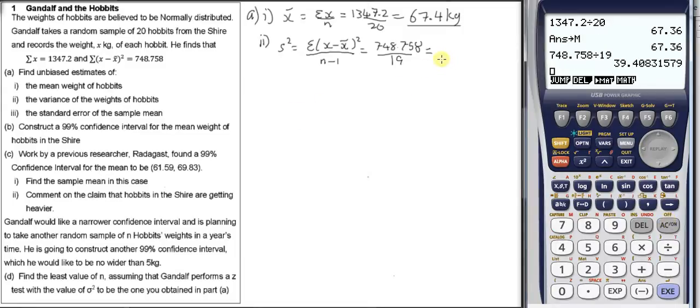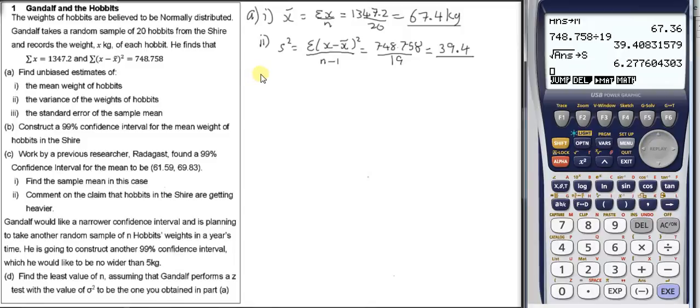And we get 39.408, which is 39.4 to 3 significant figures. Now I'm just going to square root that number because that will give us s, the sample standard deviation, and I'm going to store that into s. Because again, I'm pretty sure I'm going to need that: 6.277.